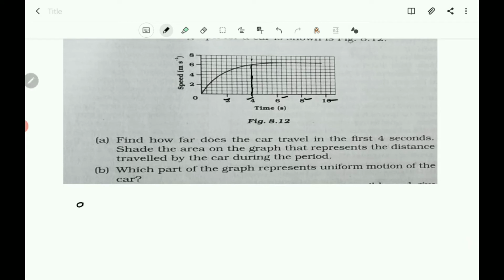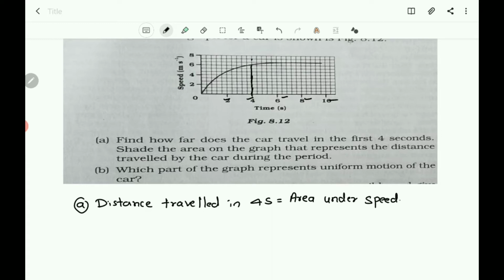Take the first question's answer. The distance traveled in 4 seconds is the area under the speed-time graph.